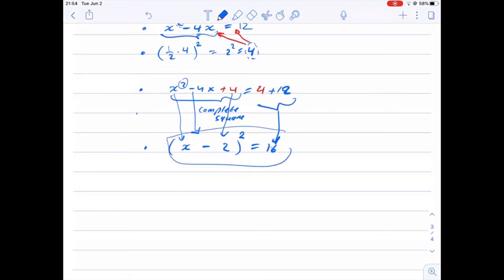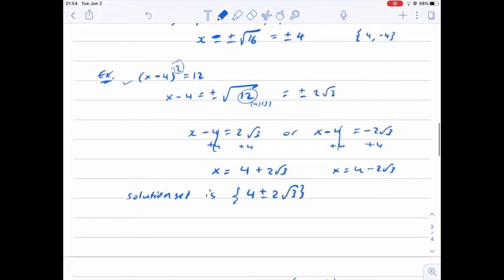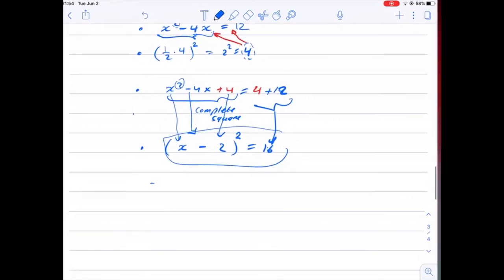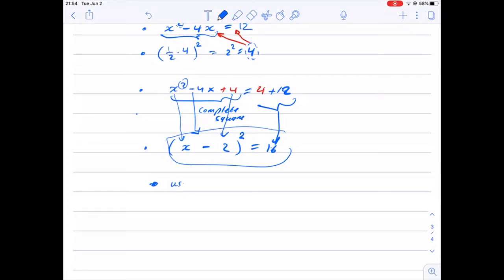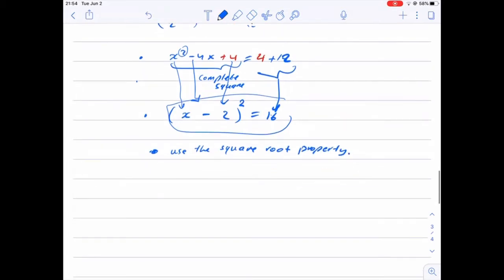Now, if we look at this equation, we dealt with this type of problem before. It's very simple, so we can use the square root property to solve this. So we write x minus 2 without the square here, and we replace it with plus or minus on the right hand side of the square root of 16, which is plus or minus 4.